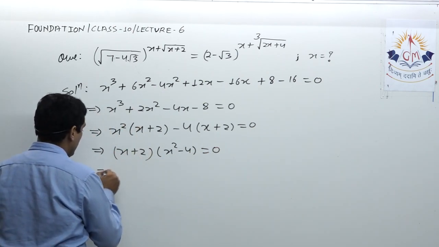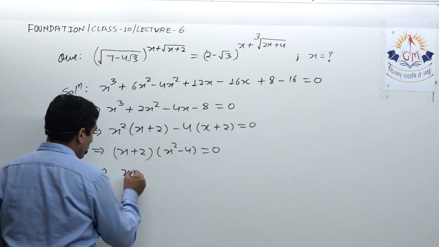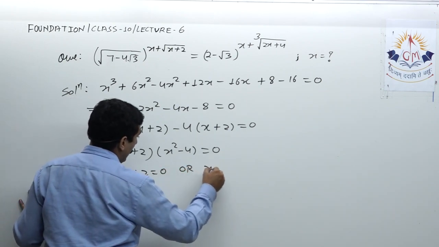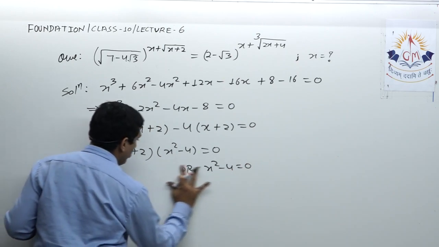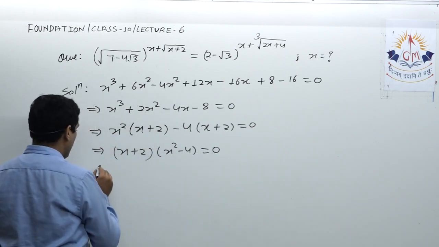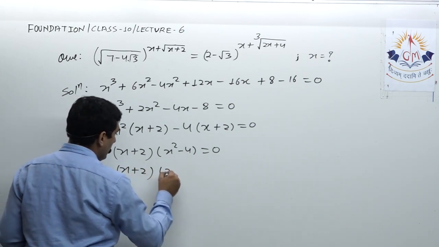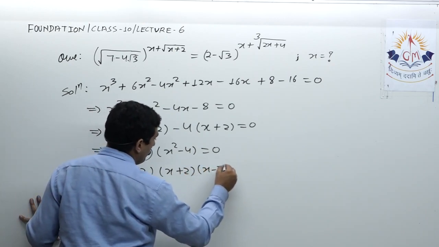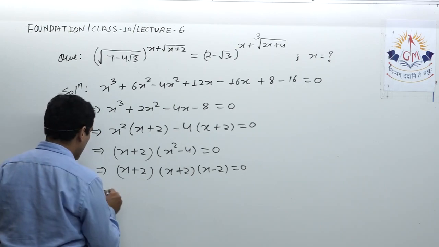So now these are the factors, so now it is easy to get zeros. Here x plus 2 is equal to 0, or x square minus 4 equal to 0. If I add one more step, it will be a little bit easier. Here it is x plus 2, and further if I factorize this, it is (x plus 2)(x minus 2), using the identity (a plus b) into (a minus b).